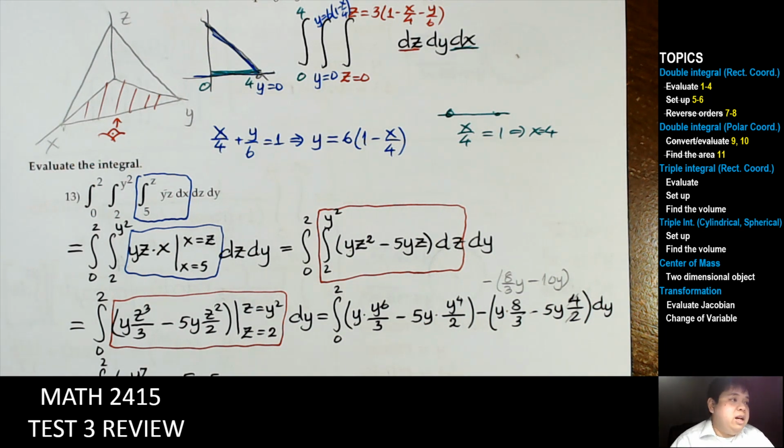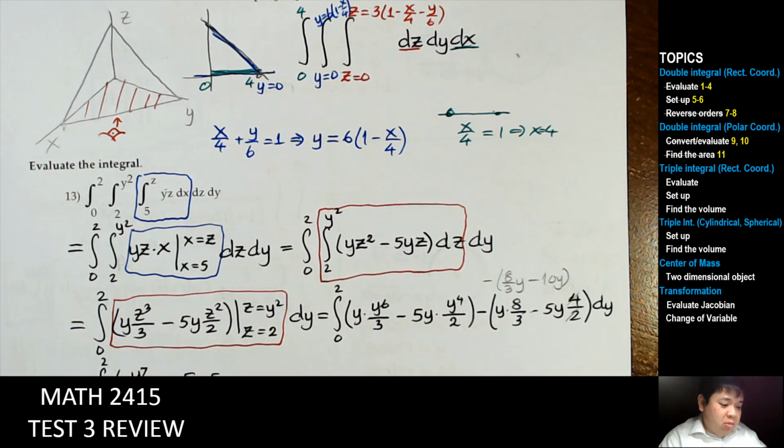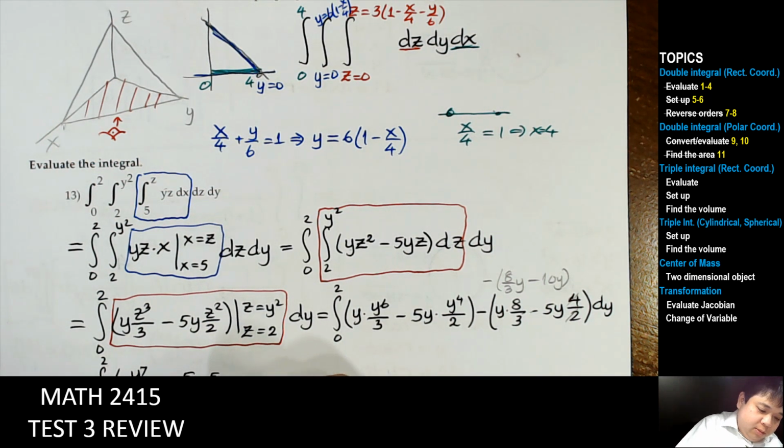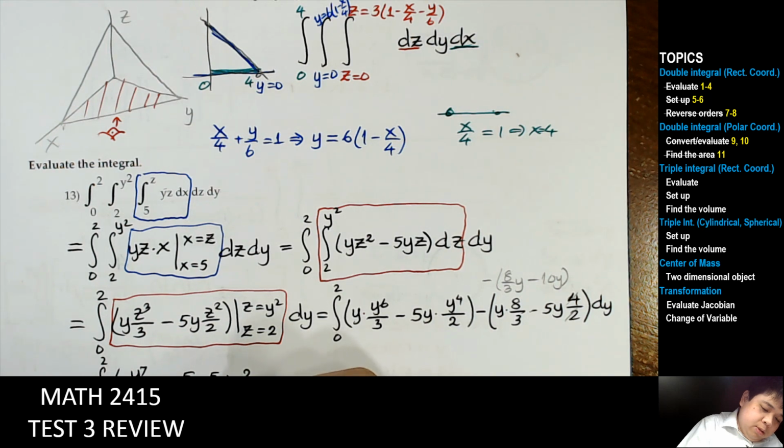A over 3 minus 10 is minus 22 over 3, with an extra minus, so that is plus 22 over 3 y.